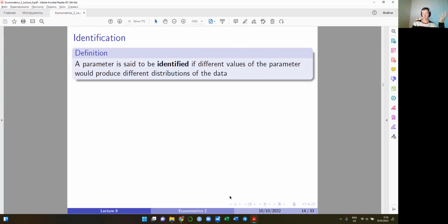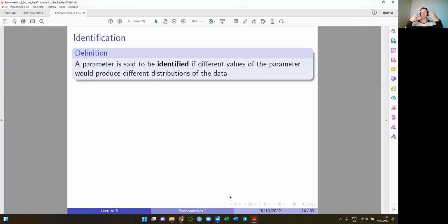We spoke about something similar in mathematical statistics, and you must remember that if a parameter somehow changes the distribution of the data, this parameter is identified. If we have two values of a parameter that produce identical distribution of the data, you are not able to identify the parameter. So think about this.